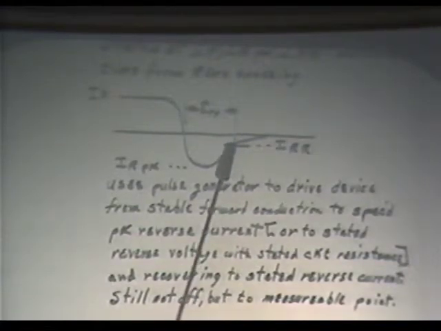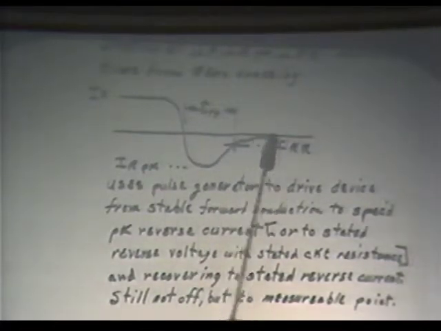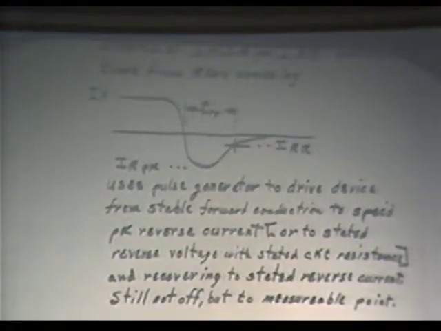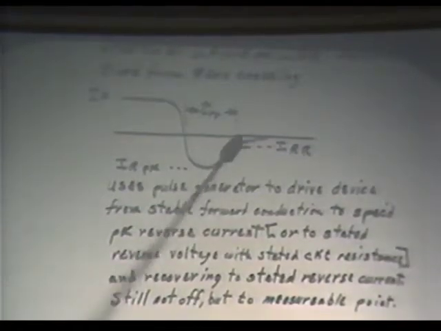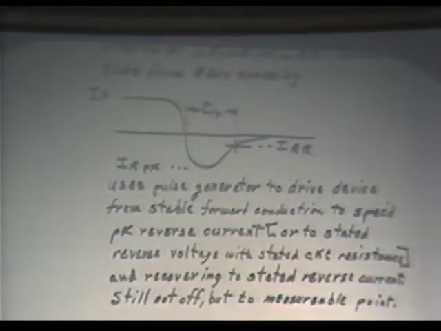That's usually specified somewhere out in here, and the guy says, well, I want it off. And you say, well, you can't have it, and the reason is you need a place to which you can reasonably measure. If you get over in here, you don't know where you are. You can't read it on the equipment. So it's usually specified well down in here so that you can find a point on the scope to do the measurements.